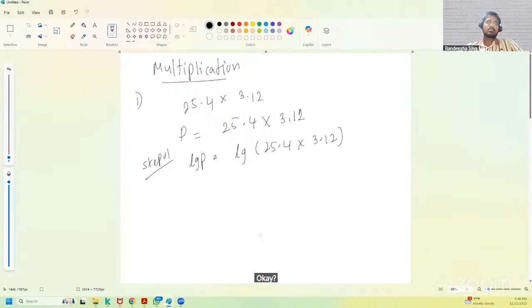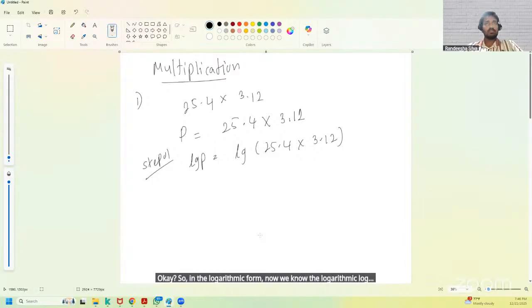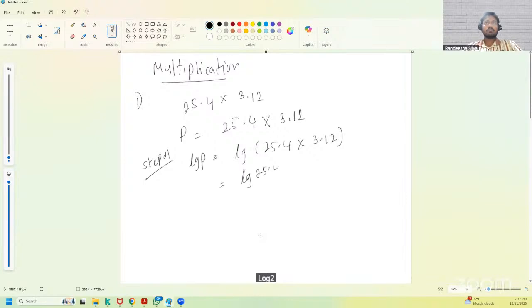In the logarithmic form, now we know the laws of logarithms. Now we can write this as log 25.4 plus log 3.12.